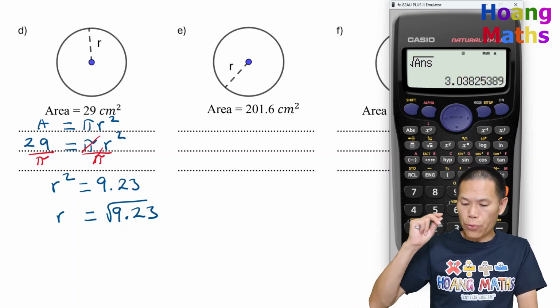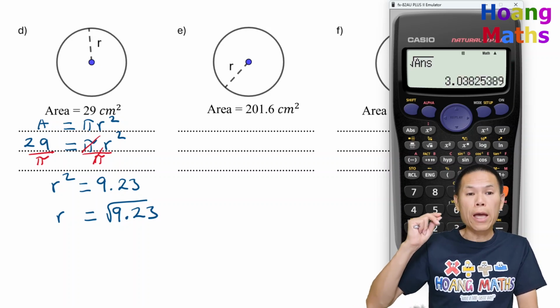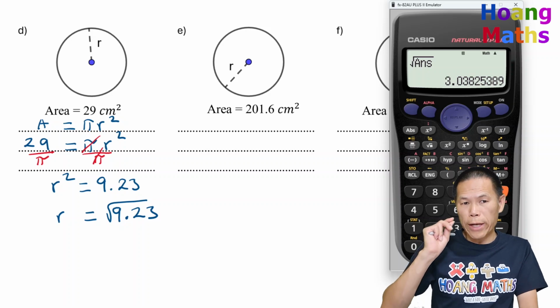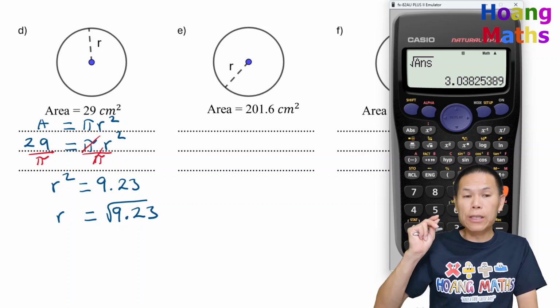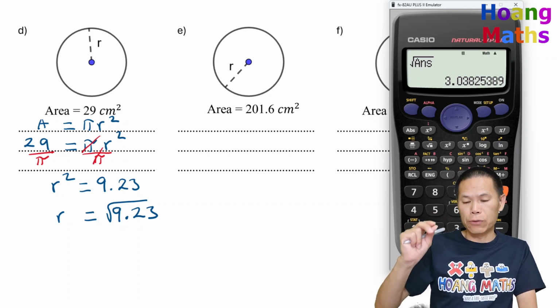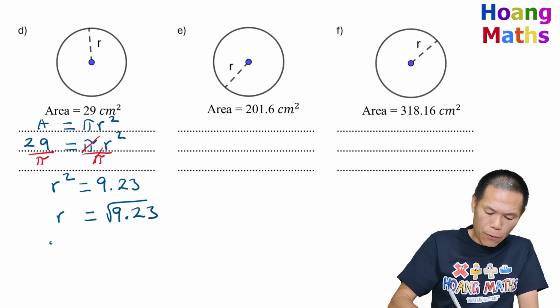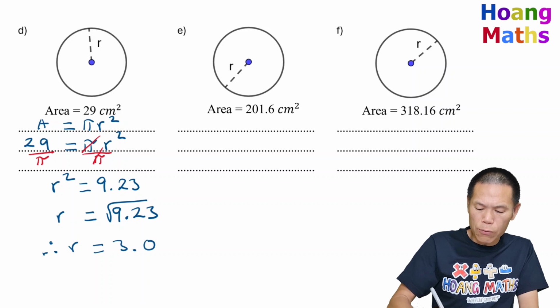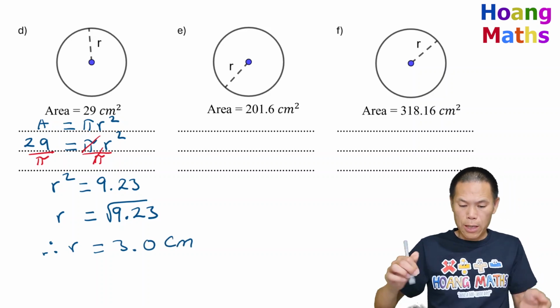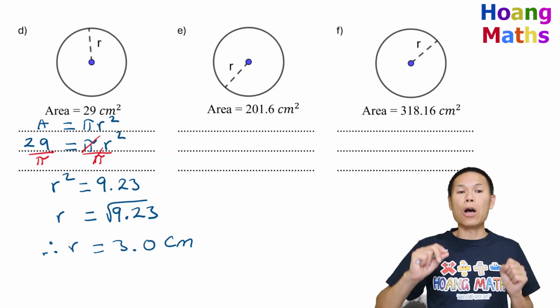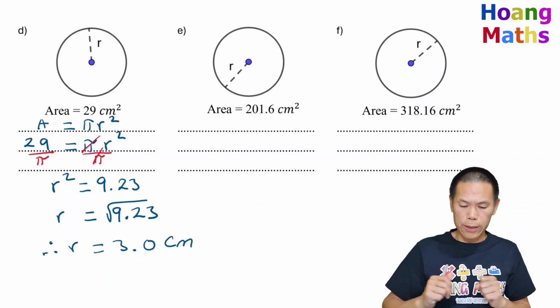So there you go, 3.038 and so on, correct to one decimal place. After 0 is 3, so less than 5. So the answer is 3.0. So therefore, r is 3.0 and the unit is centimeters. So there you go. I hope you got it correct.